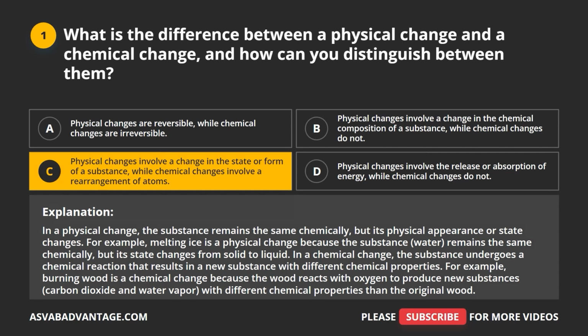In a chemical change, the substance undergoes a chemical reaction that results in a new substance with different chemical properties. For example, burning wood is a chemical change because the wood reacts with oxygen to produce new substances, carbon dioxide and water vapor, with different chemical properties than the original wood.